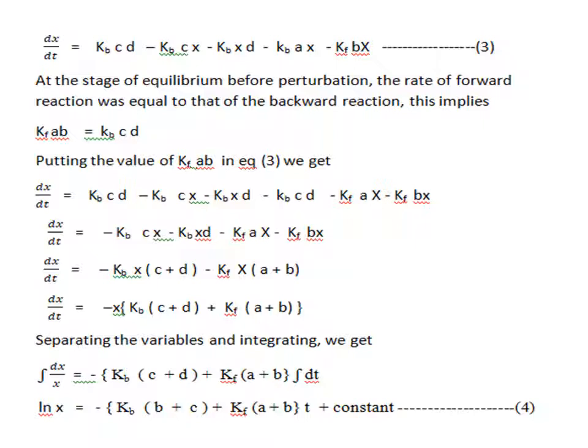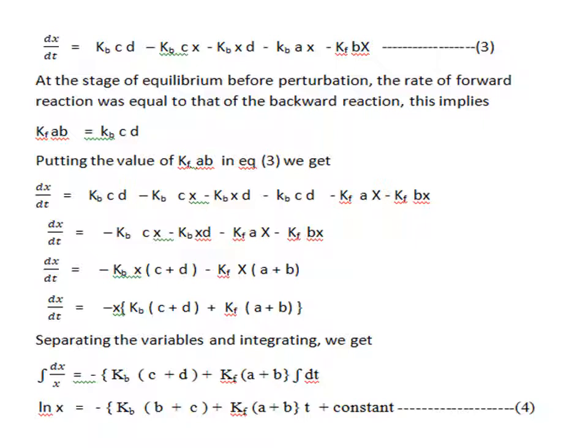At the stage of equilibrium before perturbation, the rate of forward reaction was equal to that of the backward reaction. This implies that Kf into AB is equal to Kb into Cd.